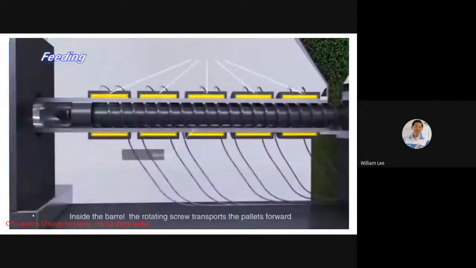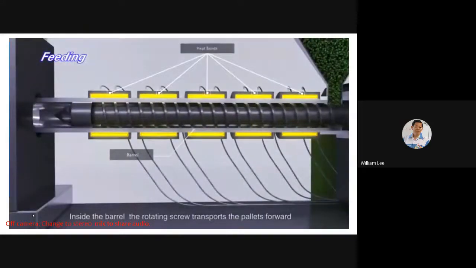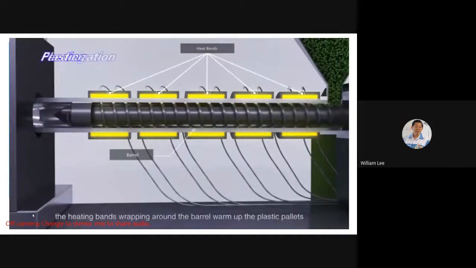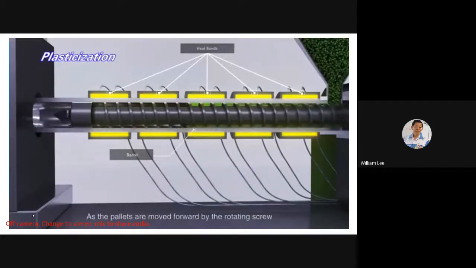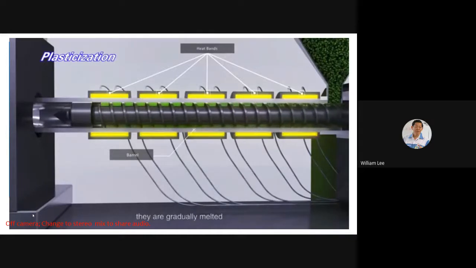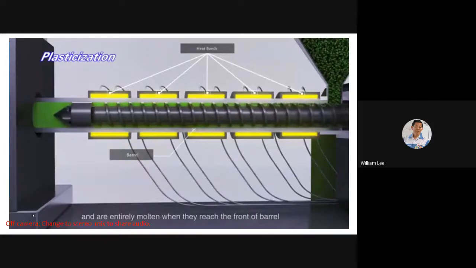Inside the barrel, the rotating screw transports the pellets forward. The heating bands wrapping around the barrel warm up the plastic pellets. As the pellets are moved forward by the rotating screw, they are gradually melted and are entirely molten when they reach the front of the barrel.